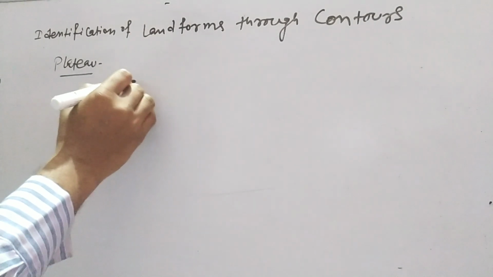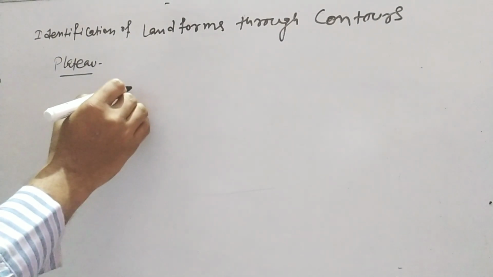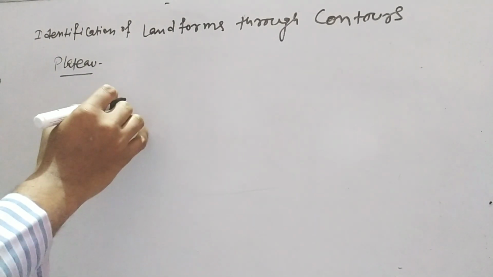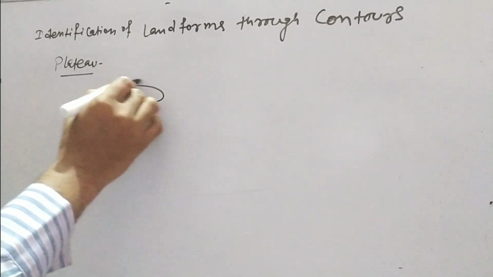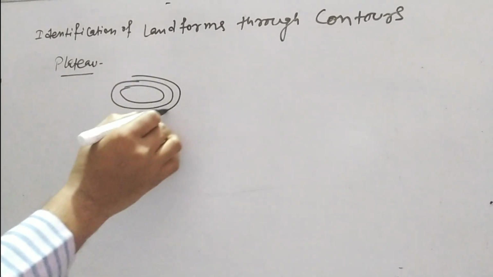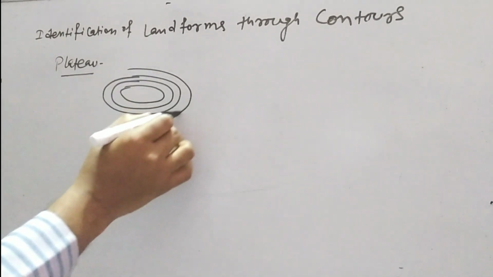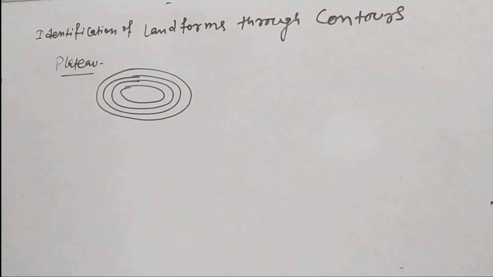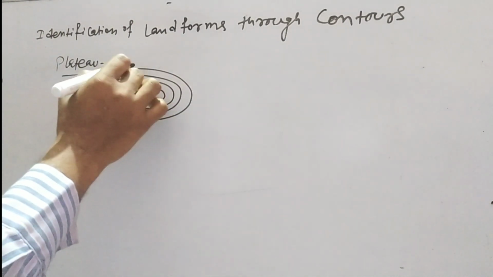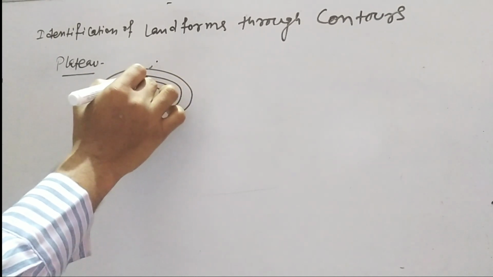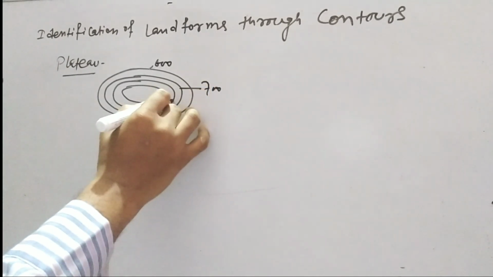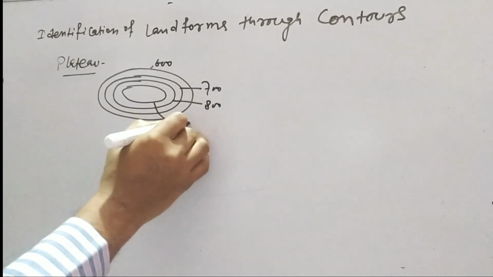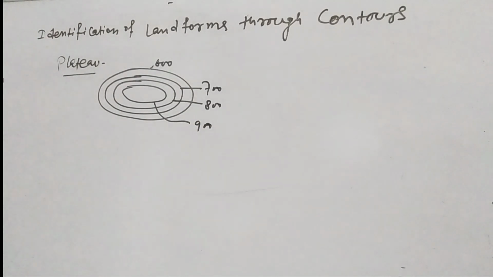Look, about its value also increases towards the center, like suppose 600, and this one 700, 800, and 900 meter.